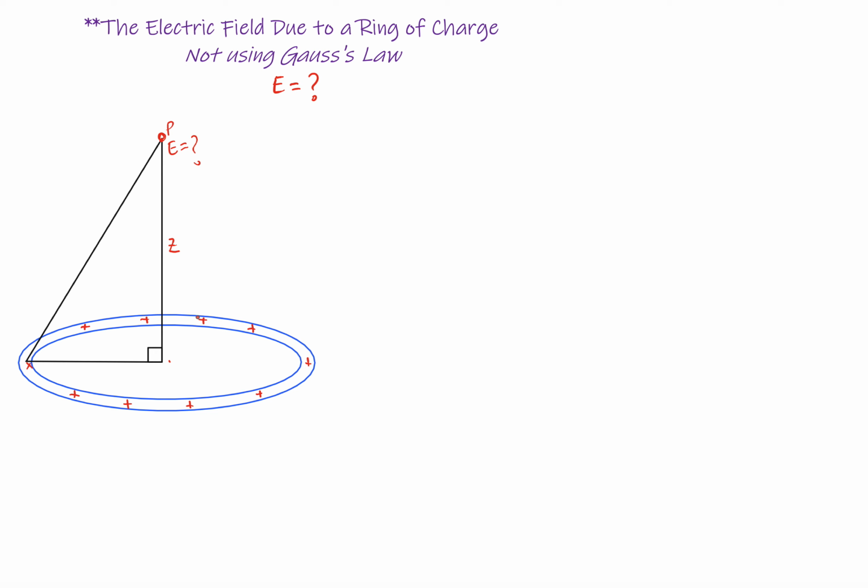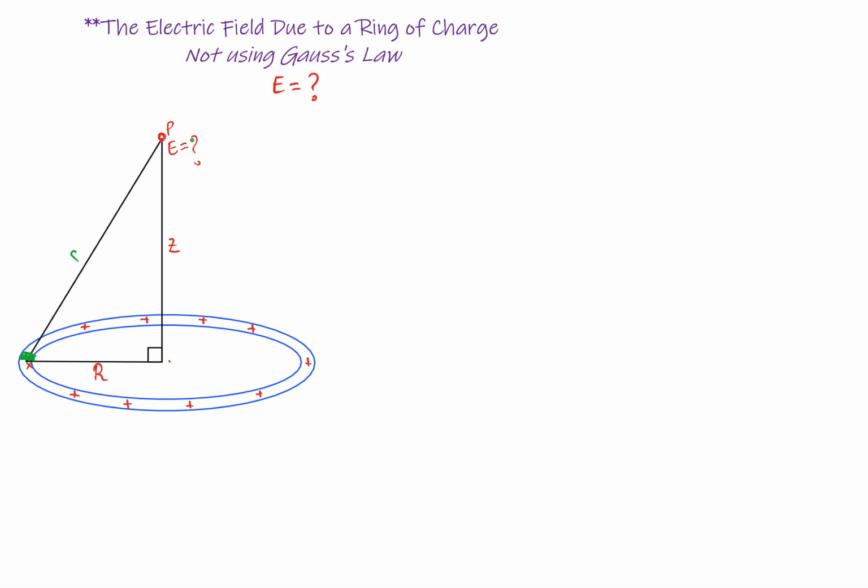Now I'm going to say the radius of this ring is uppercase R. And the way I have this triangle drawn right now, I'm focusing on a little sliver right here of this ring of charge. If you imagine this ring disappearing, and I have a positive point charge right here, and I was trying to figure out the electric field at that point, it would just be a point charge in space at r distance away from that point charge.